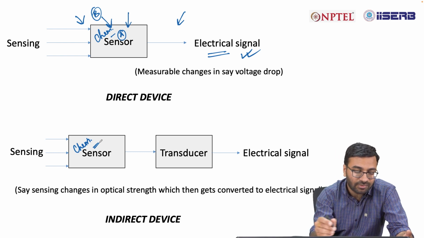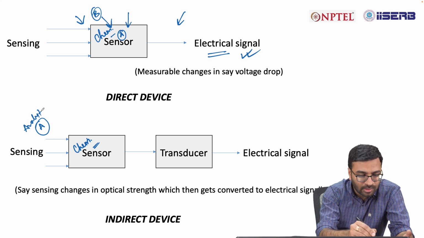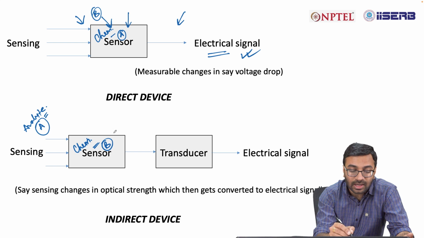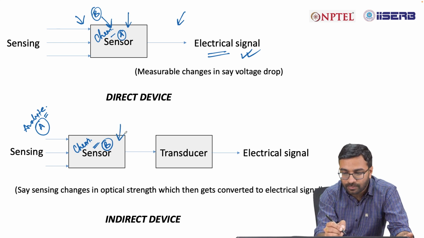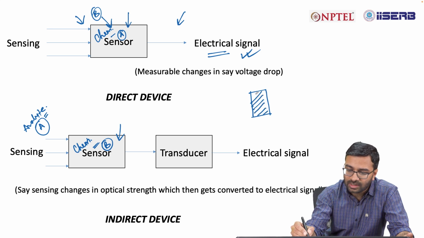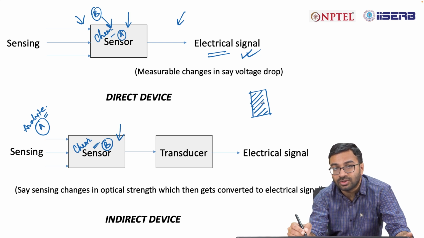For example, say you have a material A, the analyte, reacting with the sensor's active material B, and due to that reaction the color of the sensor changes. So you have a sensor strip, and this strip reacts with the analyte and its color changes.